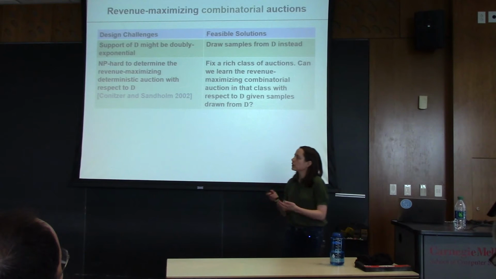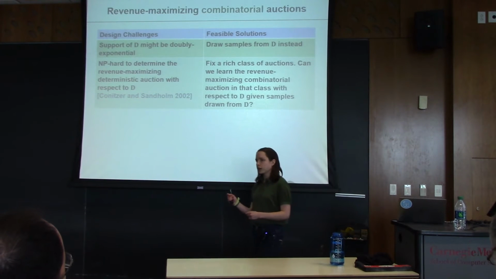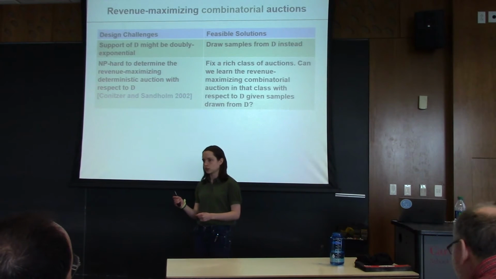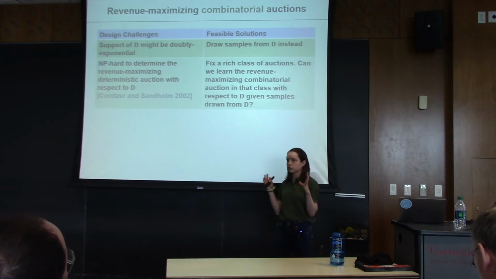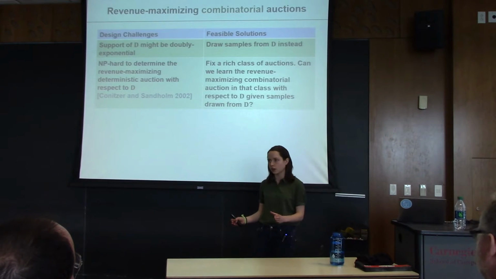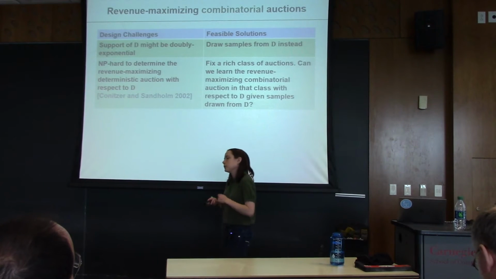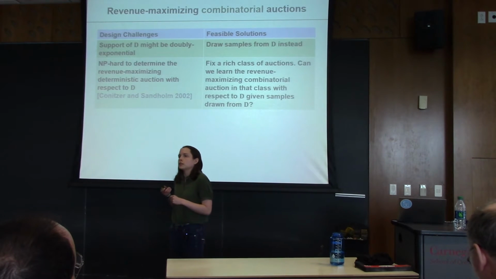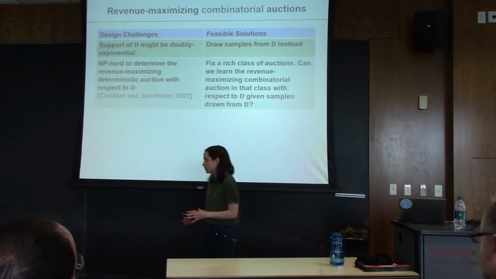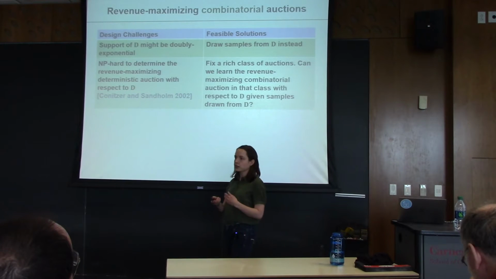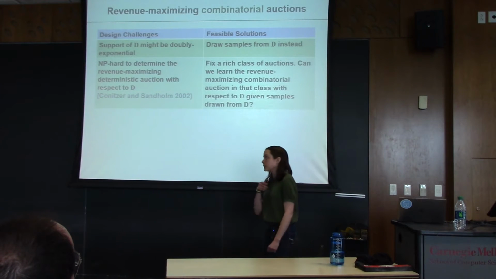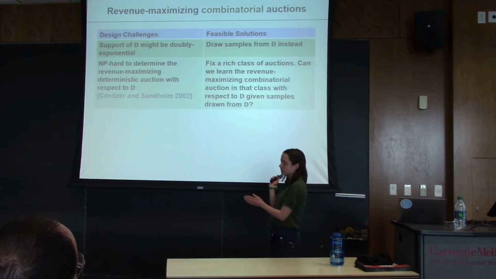It is hard to find the revenue maximizing combinatorial auction, but maybe we can fix a rich subclass of combinatorial auctions, and learn the revenue maximizing auction in that subset. This will be revenue maximizing in expectation over D, with given samples drawn from D. This would be the goal.